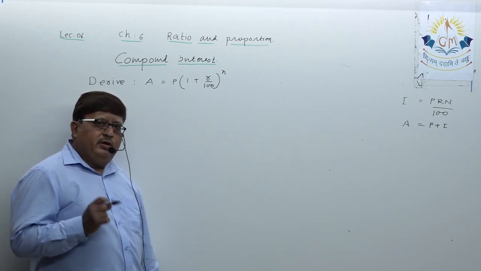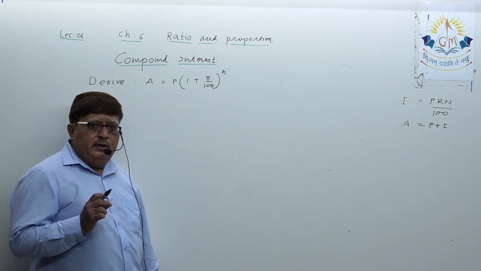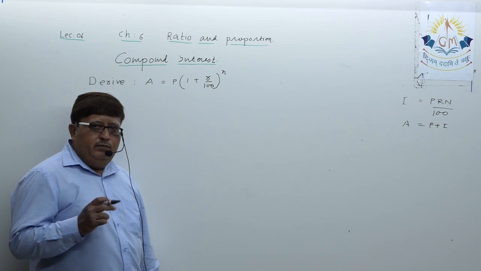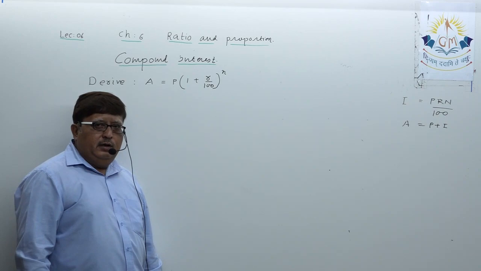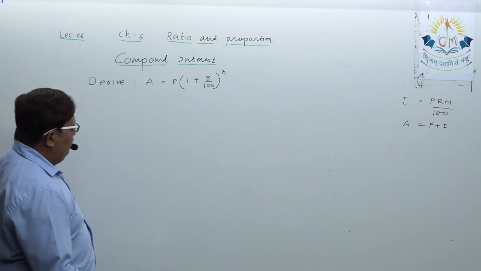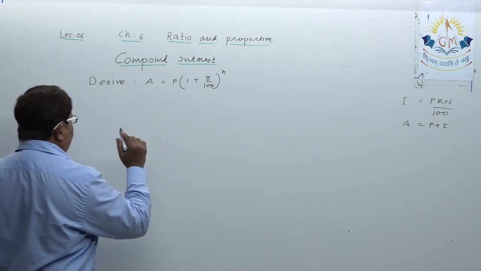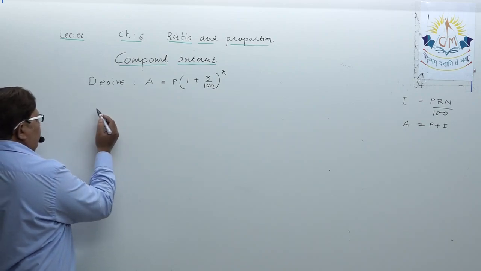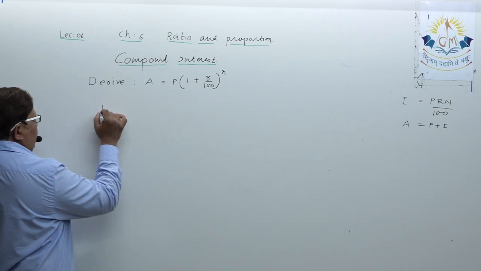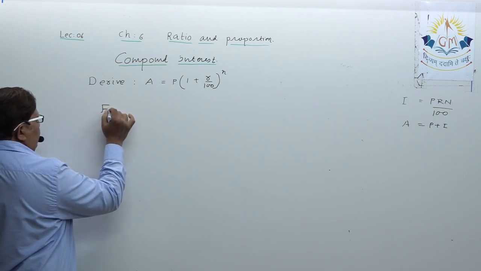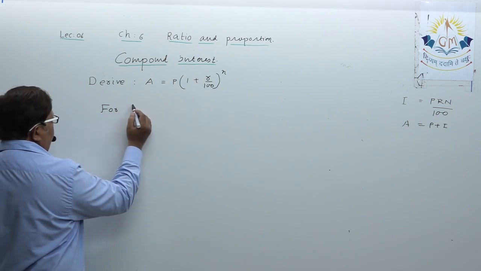Because I am saying again and again that in compound interest principal increases every year, so we have to be very sure how we can derive this formula. See, dear student, we are deriving the formula in successive steps. I am writing, you also note down with me for the first year.